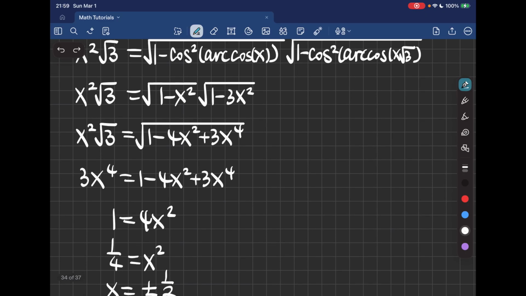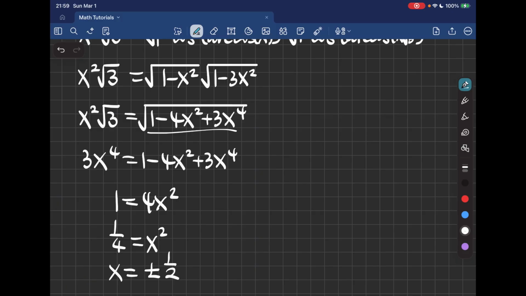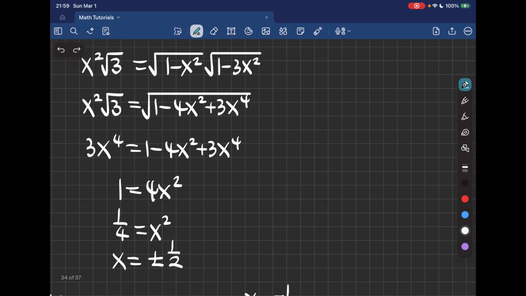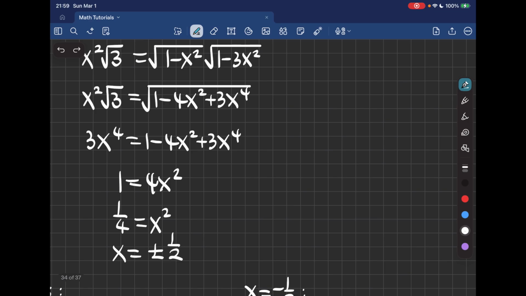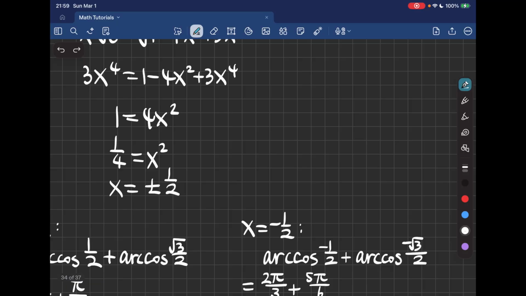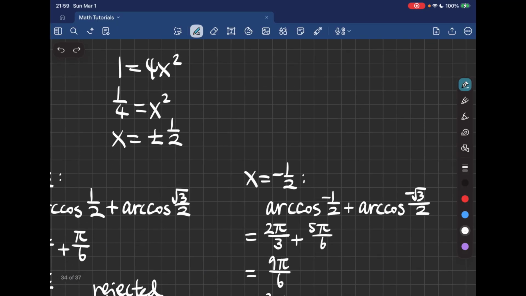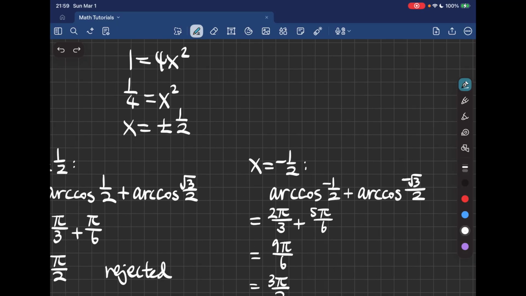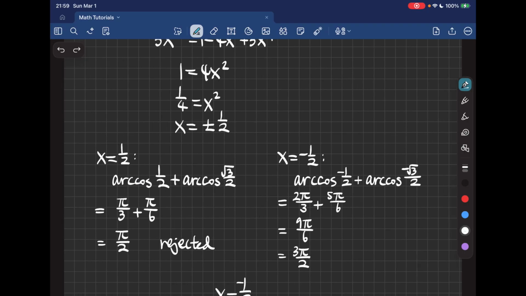So you can multiply these things together under this big square root right here, and then to solve this, you can square both sides, and then you have 3x to the power of 4 equaling this thing. And then this will cancel out, so you have 4 on one side and 1 on the other side, so 1 equals 4x to the power of 2, and then x could be 1 over 2 or negative half.